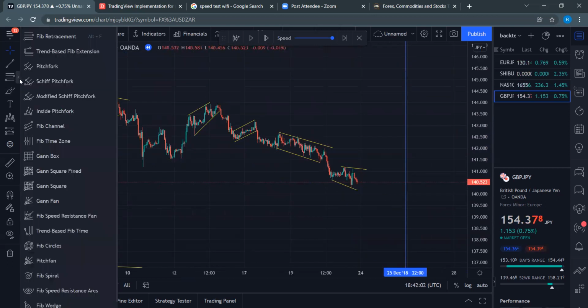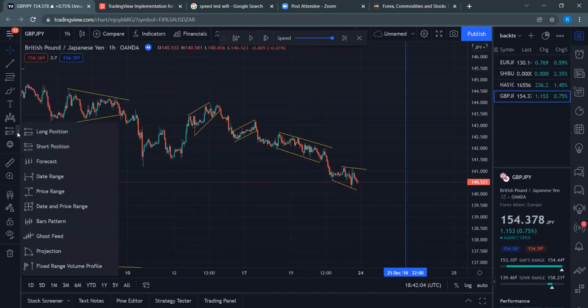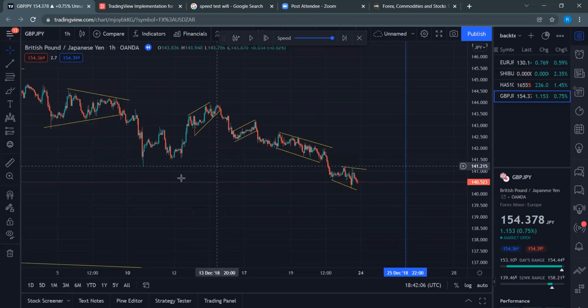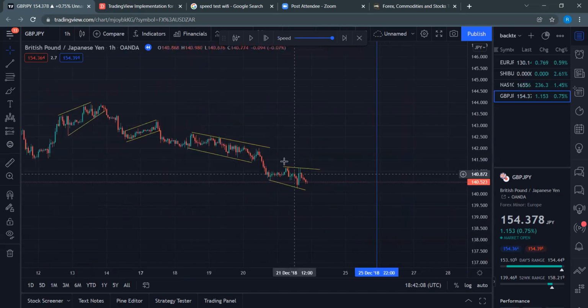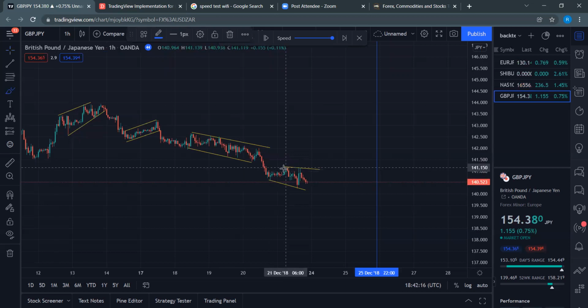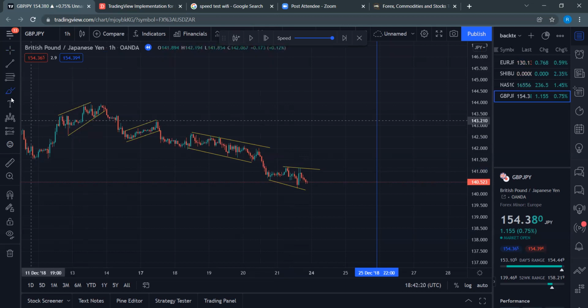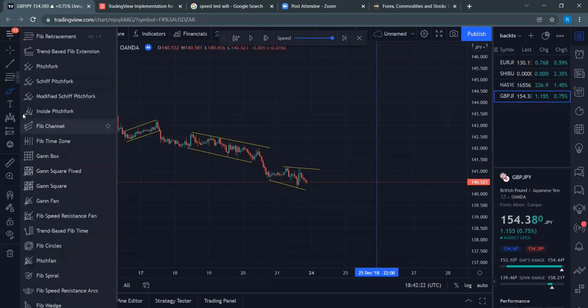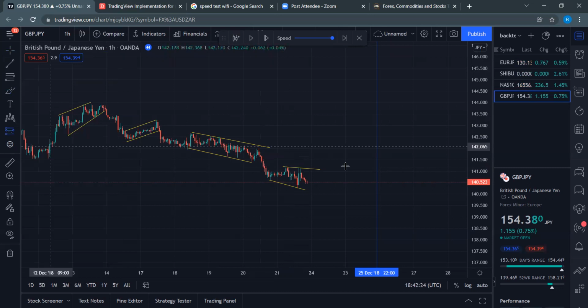So if you're going to enter this move here at the top of the structure, you see there are your two, that's your confirmation there. It's there. See, the one that I'm always talking about, it appears a lot, this one. So if that was our confirmation, we'll be looking to short.